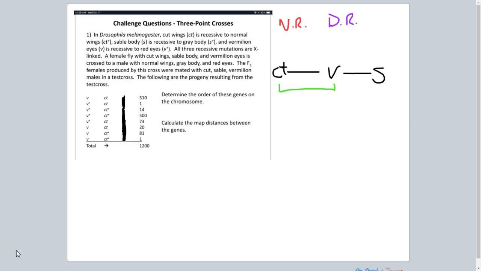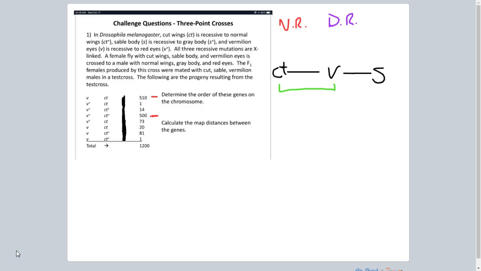And again, I'm going to identify my non-recombinants, and I'm going to compare all of the progeny to that linkage pattern. Anything that matches that linkage pattern, I'm just going to ignore. But any linkage pattern between V and CT that differs from this non-recombinant pattern, that means recombination occurred between those two genes, and I want to count that.